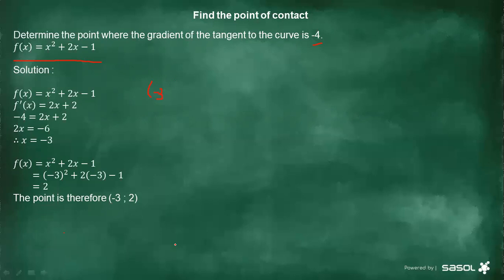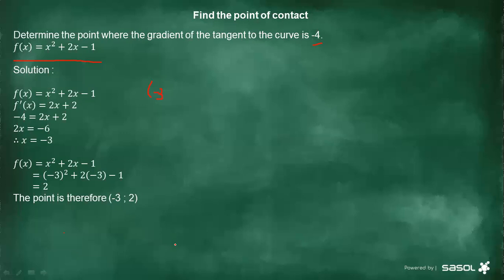Remember, on this concept we also have to learn how to determine the equation of a tangent. But we did not have that question where we had to calculate the equation of a tangent. We only dealt with determining a point.